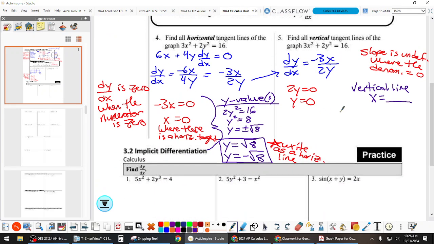Alright, so we just solve for x. So 3x squared equals 16. And I think I'll just write those out.